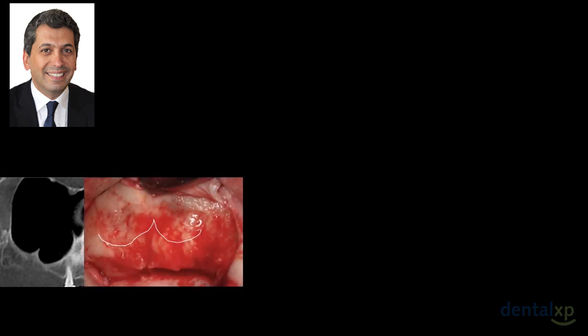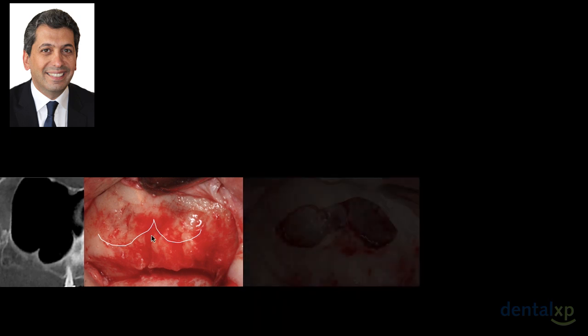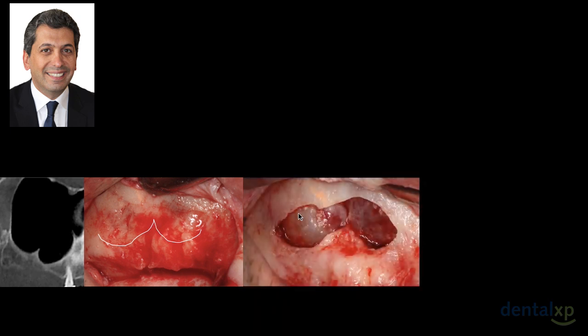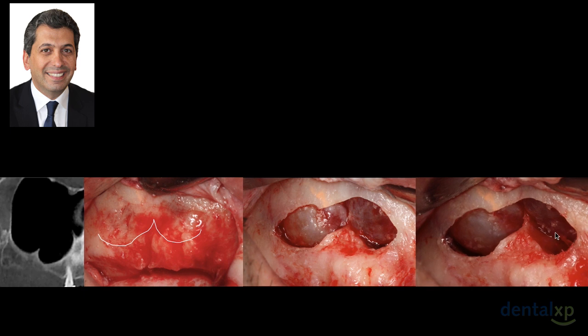And this is the one case that I will show you where we have a very sharp septum, and this is one big risk factor for membrane perforation. You have to imagine the presence of this septum, and with an ultrasonic device I usually scrape the bone away until I can see and localize the septum, and then I start elevating the membrane gradually.